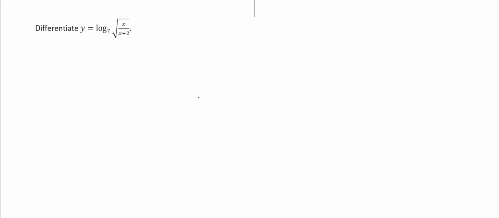This next example looks more complicated than it really is. We can just simply rewrite this using some of our logarithm rules that we know. Okay, so this is really just saying x over x plus 2 raised to the power of 1/2. I bring that in front as a coefficient.